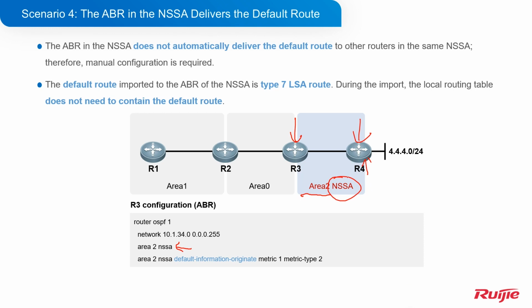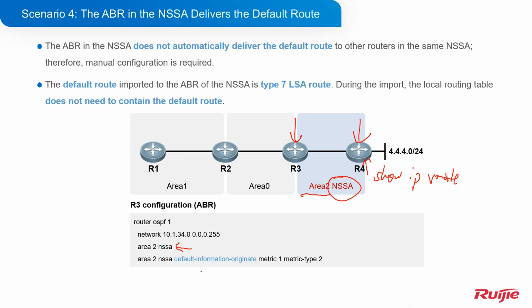And for the NSSA area, now we can check the routing entries on the R4 device. We can use show ip route. If we don't use the default-information originate command, we can't see the default entry on the R4 device.